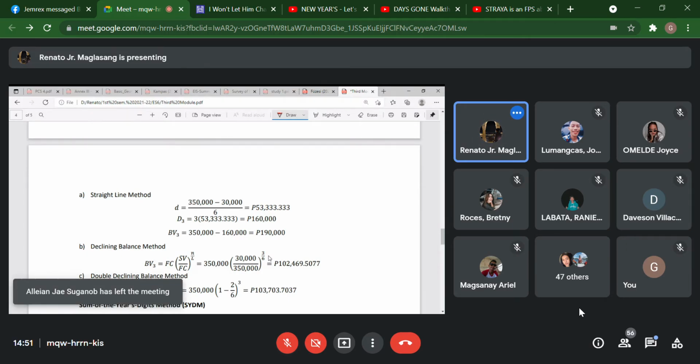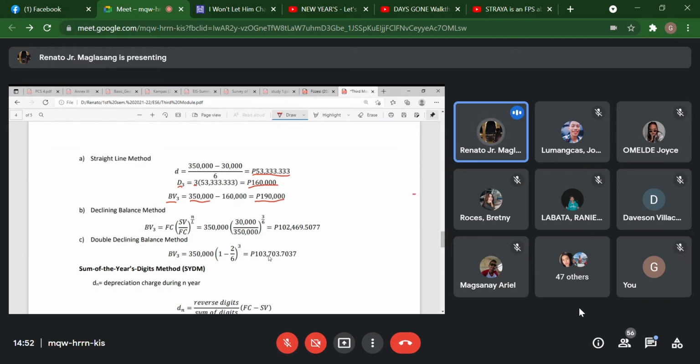So the depreciation cost per year is 53,333.33. To get the total depreciation, you multiply it by 3, so you will have 160,000. To get the book value at the end of the third year, you subtract the 160,000 from the original cost, which is 350,000. That's why 350 minus 160, you will have 190,000. So that is for the straight line method.